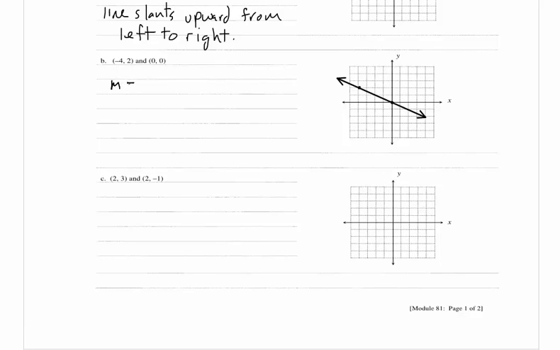So m is equal to y2, which is 0, minus y1, which is 2, divided by x2, which is 0, minus x1, which is -4. So we have -2 divided by 0 minus a negative 4, which is positive 4.